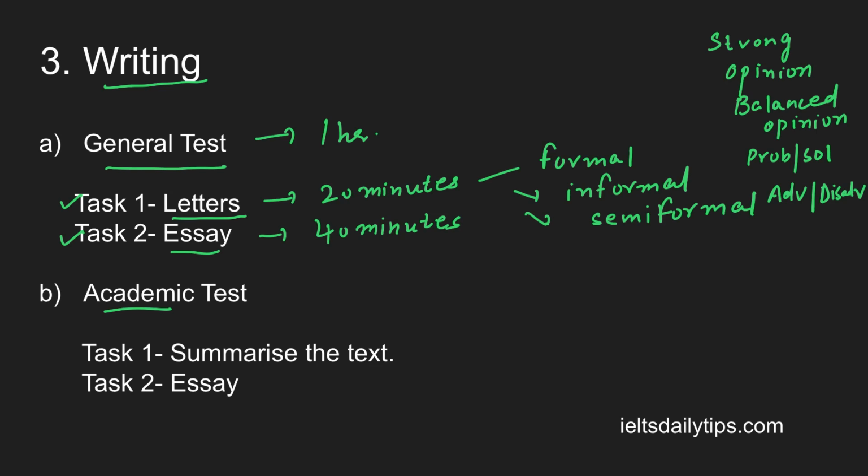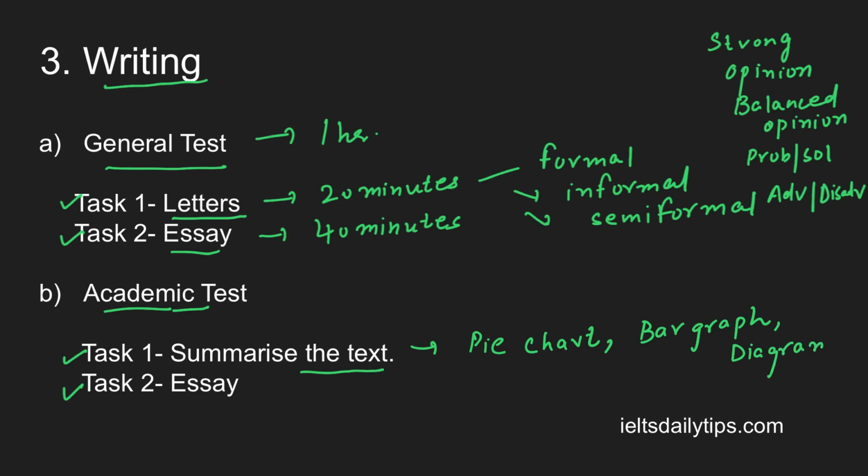In case of academic test, there are also two tasks, task 1 and task 2, but it is a bit different. In the task 1, you have to summarize the text given or the image given there. So what you will do, you will get a pie chart, a bar graph, or a diagram, and you have to summarize it in your own words.